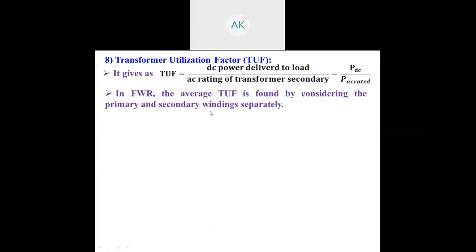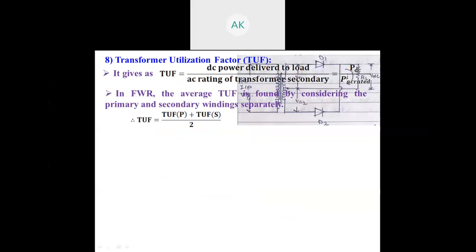So for a full wave rectifier, we need to find the transformer utilization factor. The transformer utilization factor, by basic definition, is PDC divided by PAC rated. As we are using a transformer, this is the full wave rectifier circuit diagram.